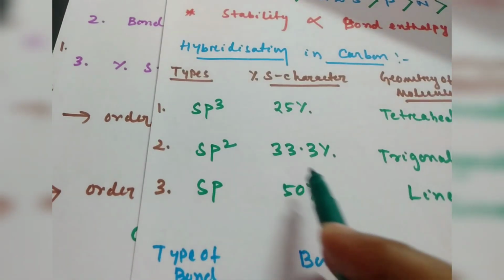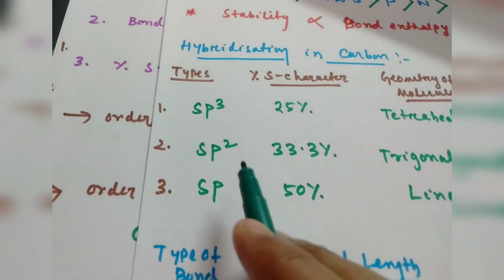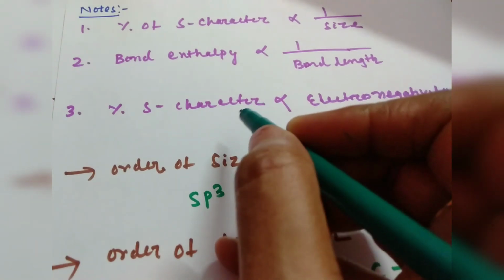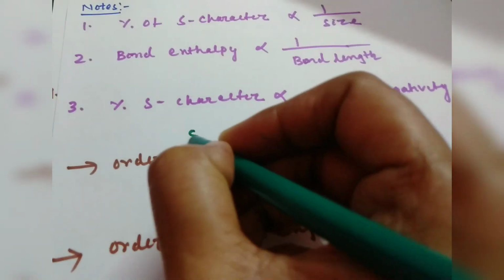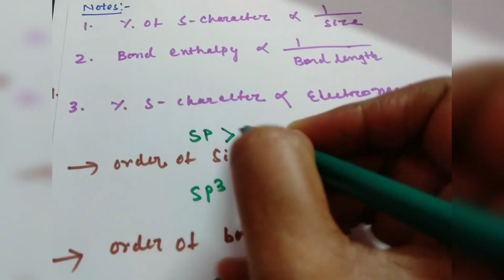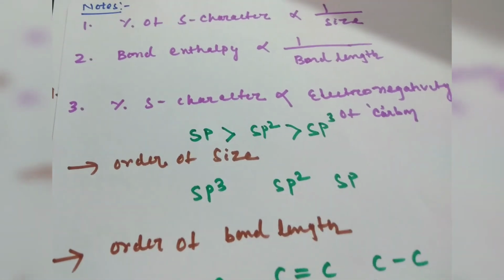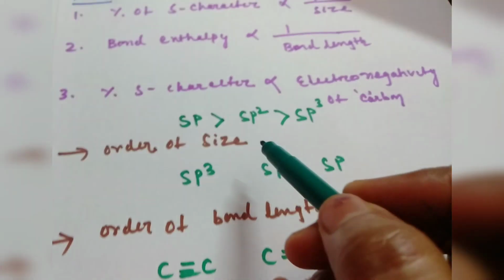That means the electronegativity value of the compound having sp hybridization is more than sp2 than sp3. So what is the order of electronegativity? Here the order is sp is greater than sp2 is greater than sp3. Okay. Similarly, what is the order of size of the elements?